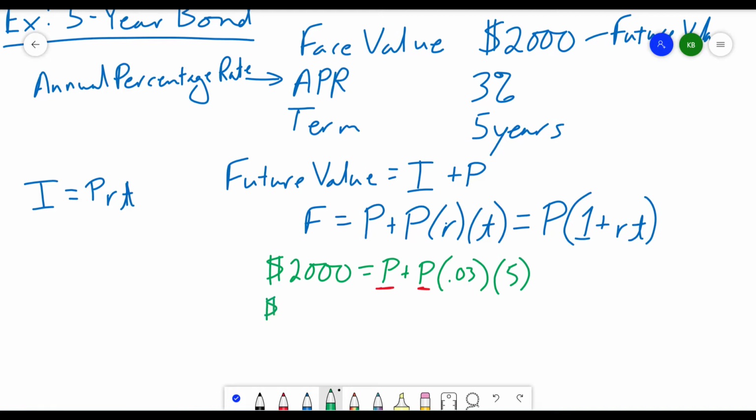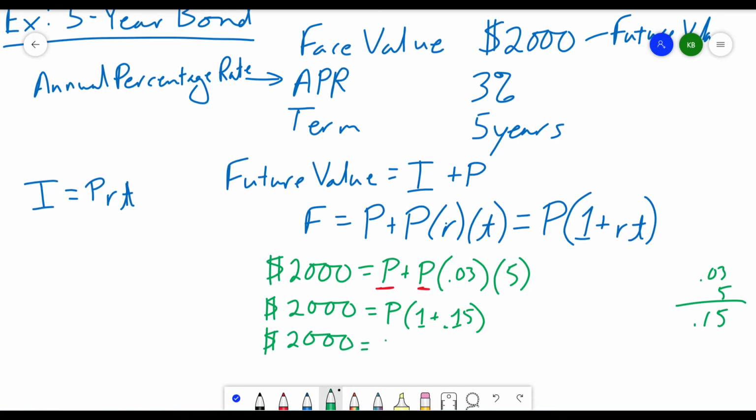So I'll have $2,000 equals P times 1 plus 0.03 times 5. So I might do this as some scratch work over here. 5 times 3 is 15, and I have 2 decimal places, so I'll have 0.15. All right, so then I do my addition in my parentheses there. So I have 2,000 equals the principal times 1 plus 0.15.